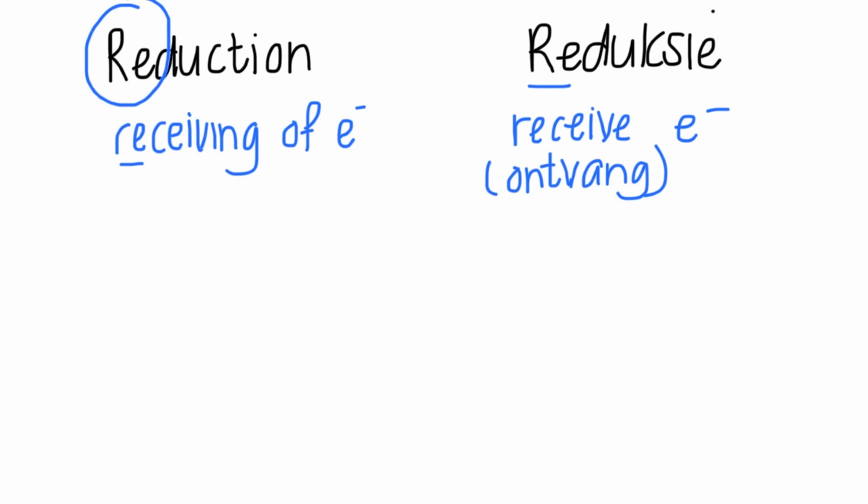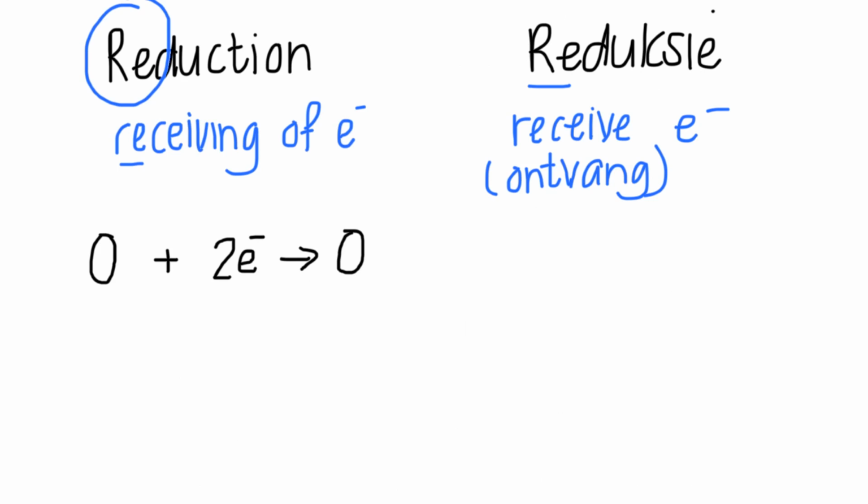In the same way, if we understand the oxidation, the giving off, then here we could say that reduction would be something like an oxygen atom receives 2 electrons to form an oxide ion.